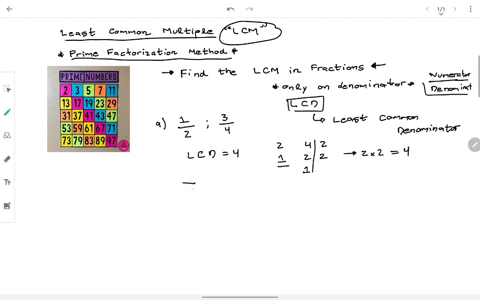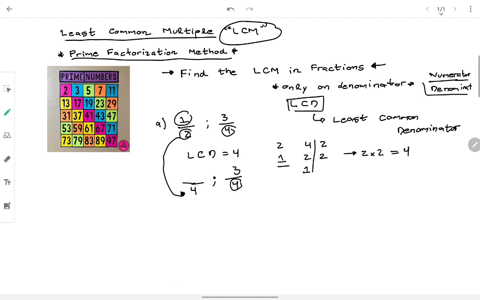Now, it's going to be important that we know how to transform these fractions to this common denominator. So we are going to transform them to fourths. For the second one, it's easy because it has a 4, so it'll stay the same. The first one, if we saw, 2 gets now to a 4. So what we did with number 2 in order to get a 4, we multiply it by 2.